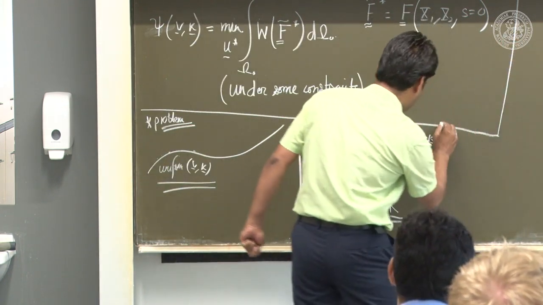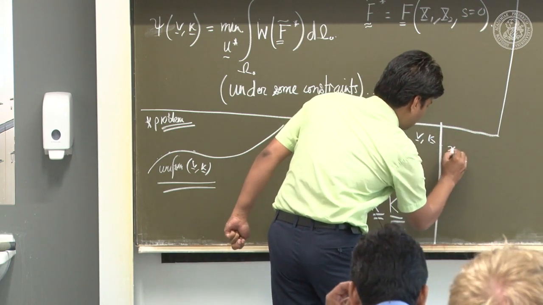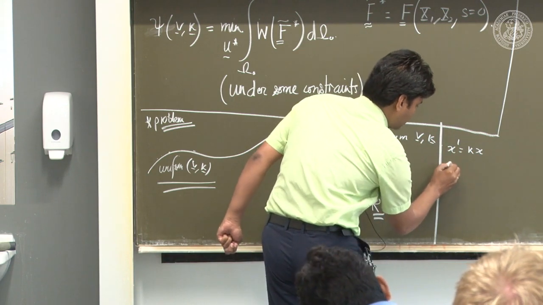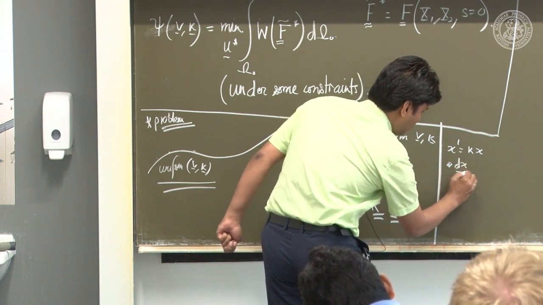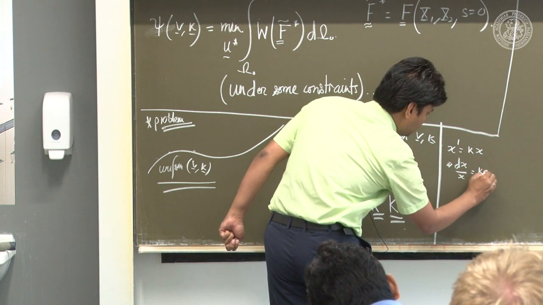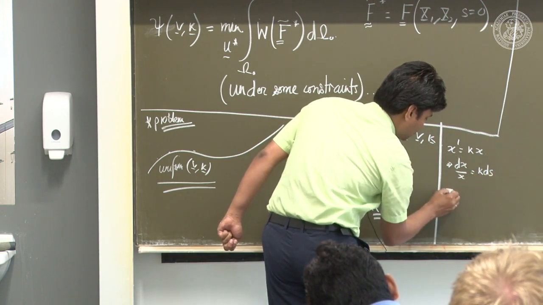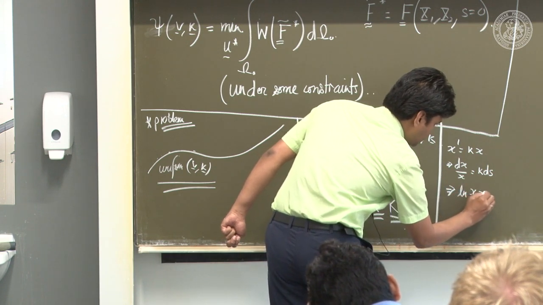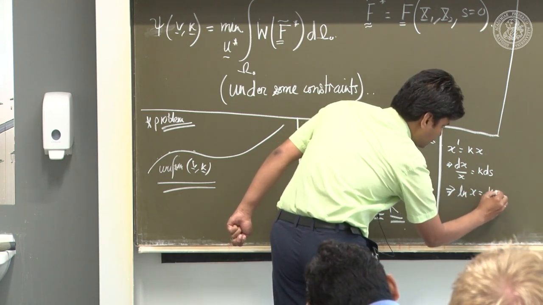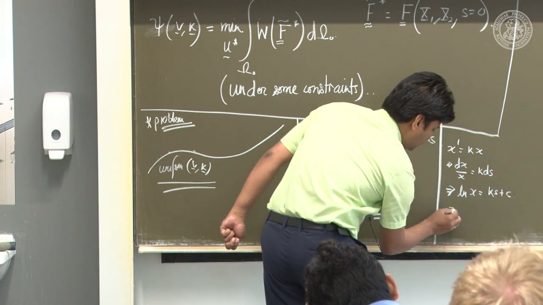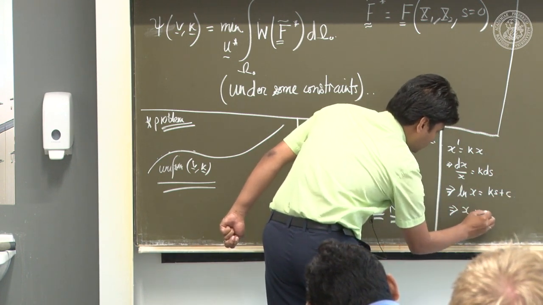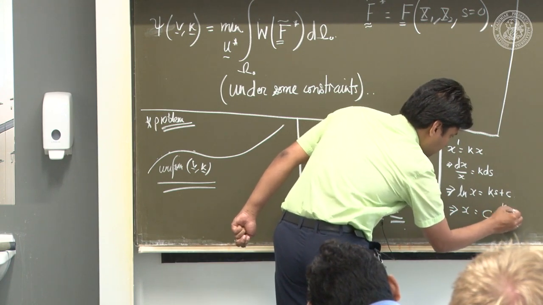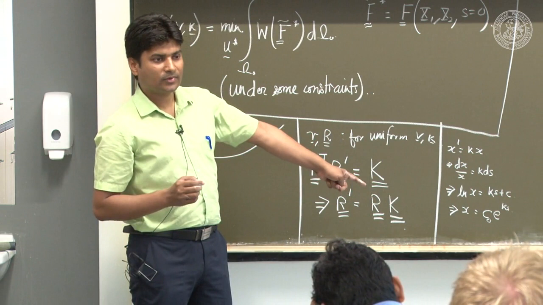Maybe I should write here. If you are solving this x prime equal to kx, that means dx by x is equal to k times ds, and then you integrate, you get ln of x is equal to ks plus some constant c, which means x is equal to another constant c naught times e to the power ks, right?